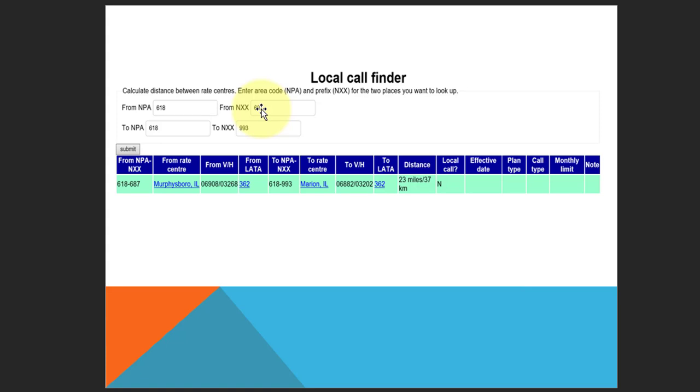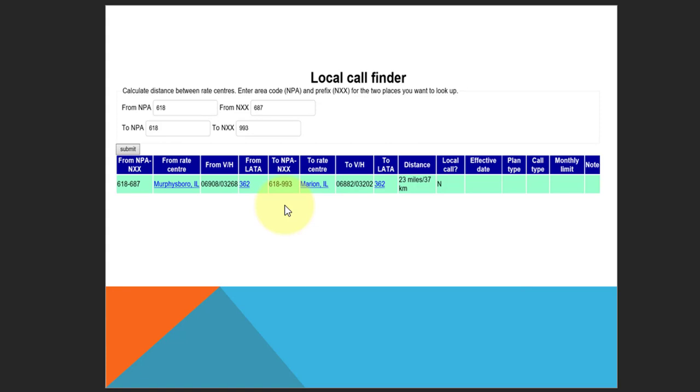So, looking at our local call finder again, going more in depth here. Say we get a call sample: 618-687, that's the from number, and we're calling to 618-993. So we hit submit. In this example, the from number, the 618-687 number, is originating in Murfreesboro, Illinois, and it says that it's in LATA 362.